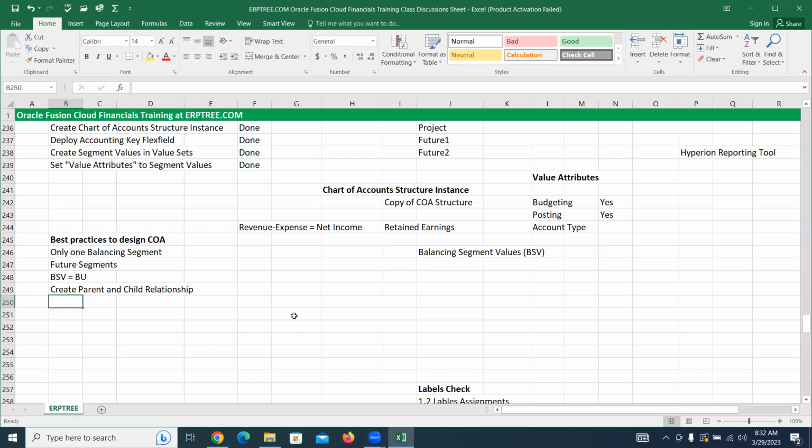You can say, don't create segments specific to an application. Don't create segments which are very specific to one or two applications. If you create something as a segment, that should be useful in many applications.